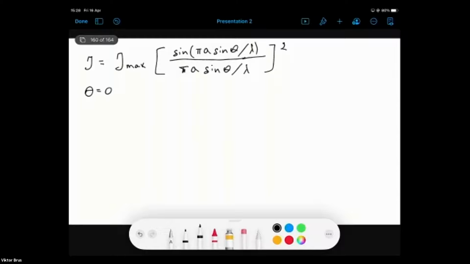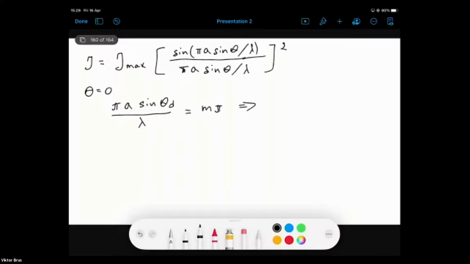So based on this expression, the minima occur when the following condition is true: pi times a times sine theta dark divided by lambda is equal to m pi.